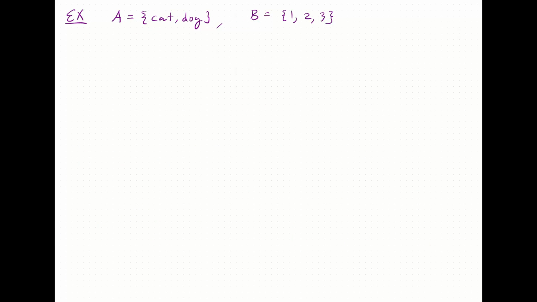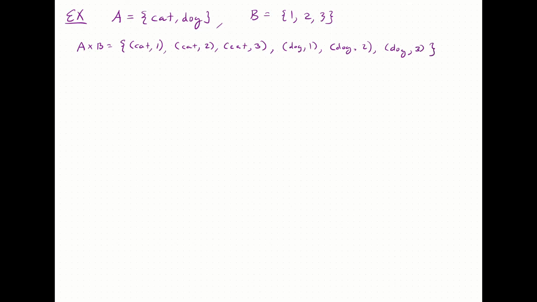And so the idea with the Cartesian product is that we can now take Cartesian products of any two sets. So we had the set A, cat, comma, dog, and B, the set 1, 2, 3. Then the Cartesian product is going to be the set of ordered pairs, where now we have cat, comma, 1, and then we're going to have cat, comma, 2, cat, comma, 3, and then we do the same thing, where now we have dog, comma, 1, dog, comma, 2, and lastly, dog, comma, 3.